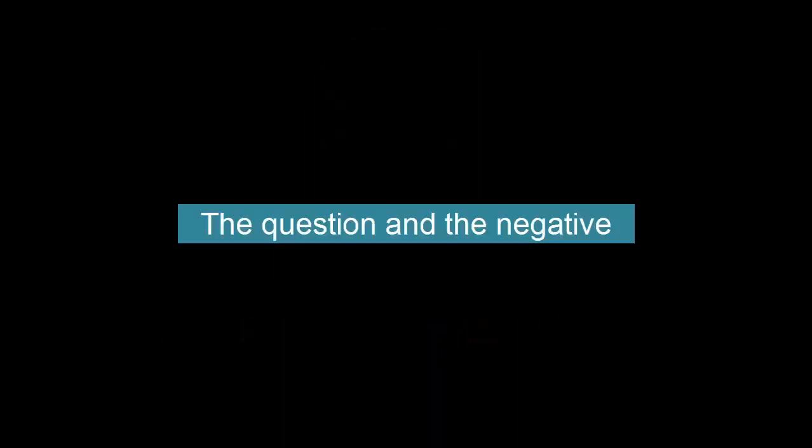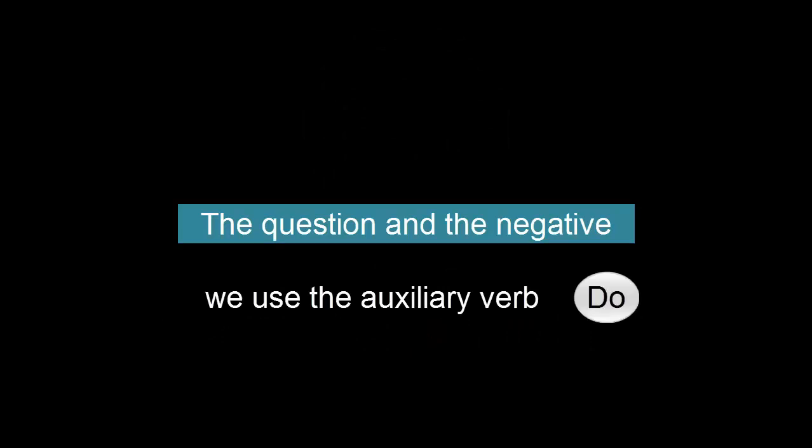Now we are going to explain using the auxiliary verb do to write down a question or a confirmation. First, as a note, you need to know about the auxiliary verbs.